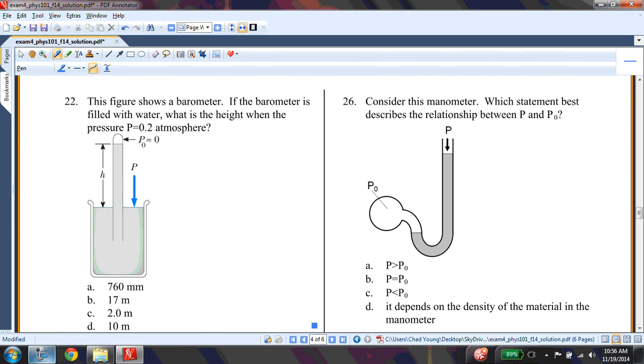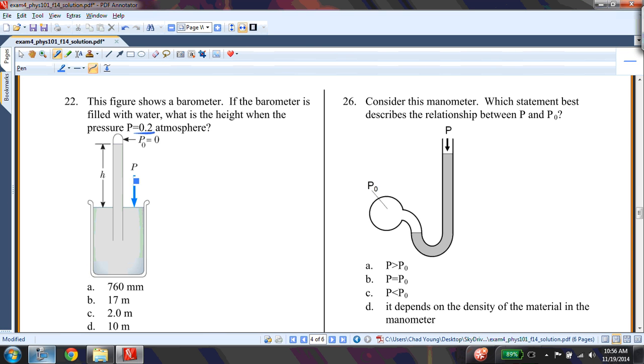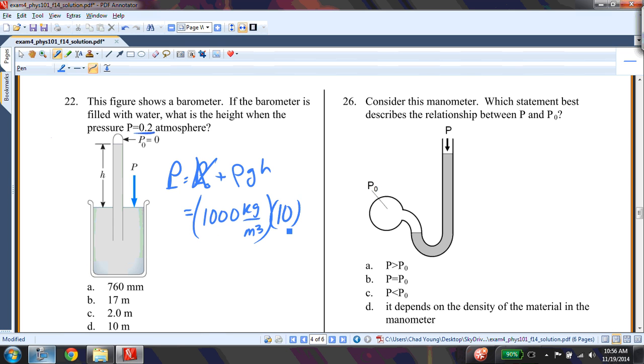Figure shows a barometer. If it's filled with water, what is the height when the pressure is 0.2 atmospheres? Alright, so I know that P equals P naught plus rho g h. In a barometer, as I have it here, P naught is equal to 0, so it's just rho g h. The density is that of water, 1,000 kilograms per cubic meter. That's on your table. g is 10 meters per second squared.